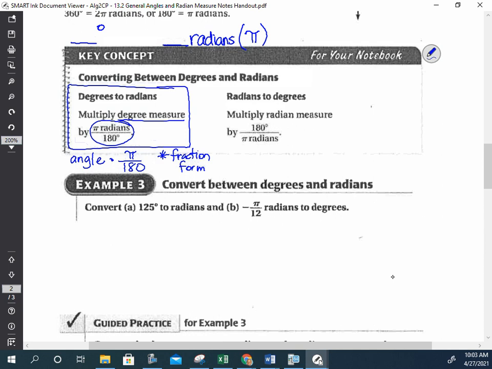So let's do part A. Part A will be done in blue so that you can keep track of it. 125 degrees. We want to know what it's going to be in radians. This is how we solve the problem. Take the 125, put it over 1, so that's a fraction. Then multiply times pi over 180.